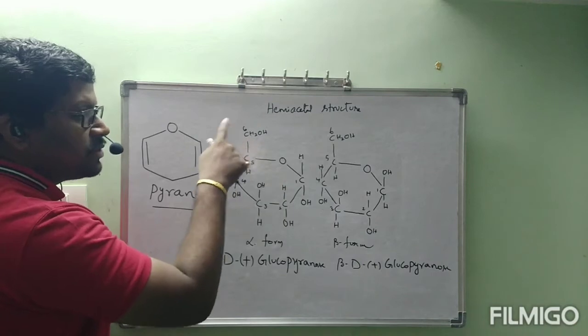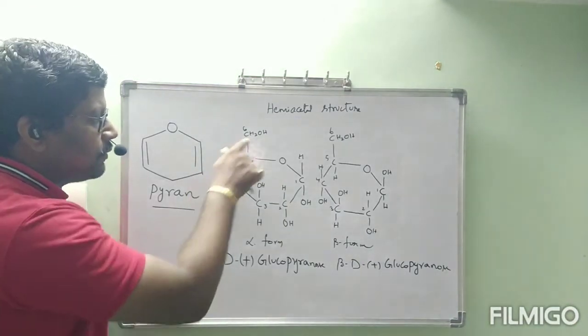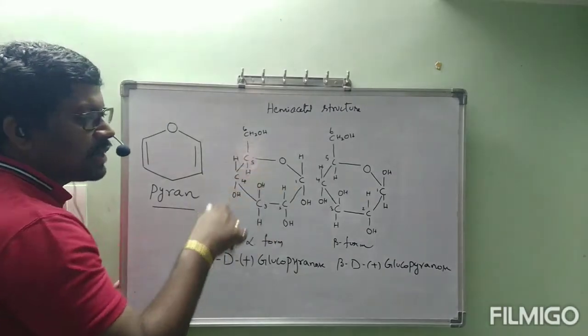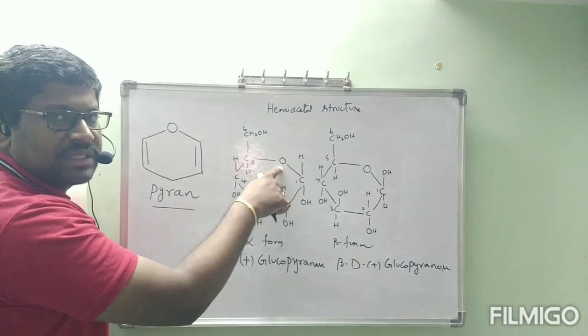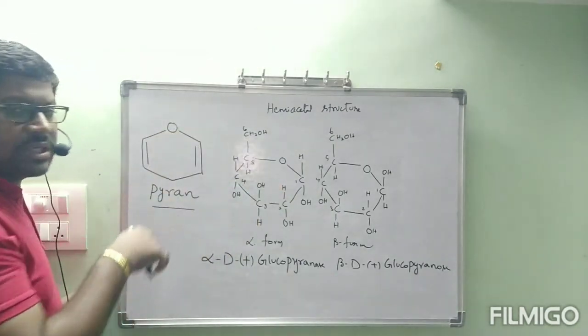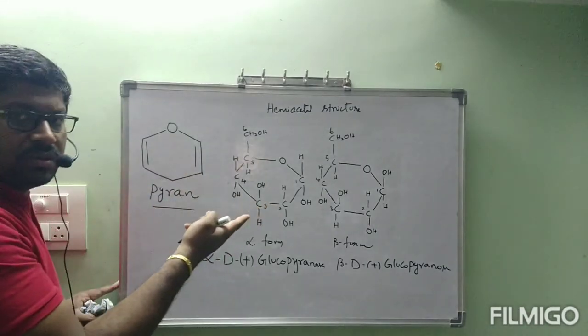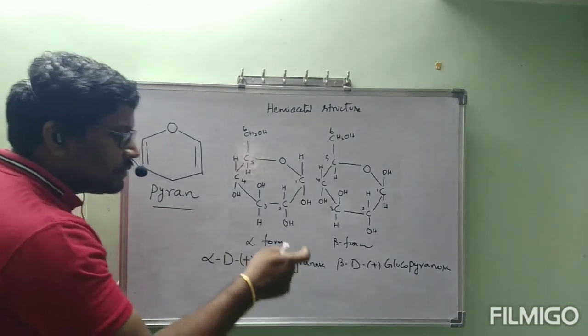Actually the 6th carbon is out of the ring. Now in the ring, how many carbons are there? 5 carbons with 1 oxygen, a 6-membered ring. It is resembling the pyran structure. That's why it got the name pyranose.